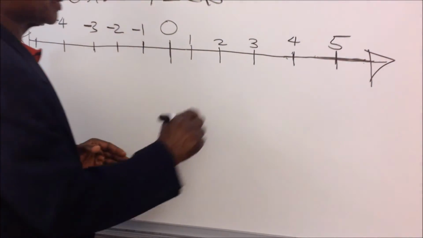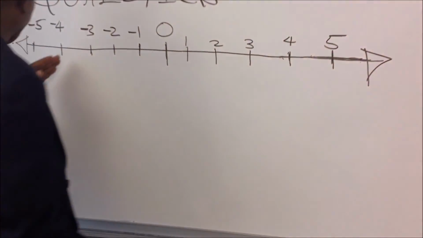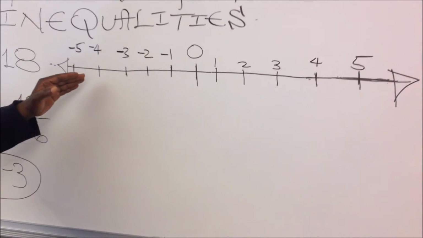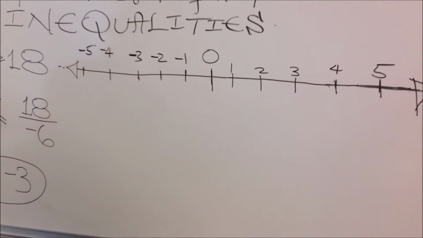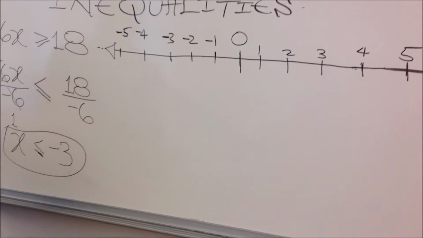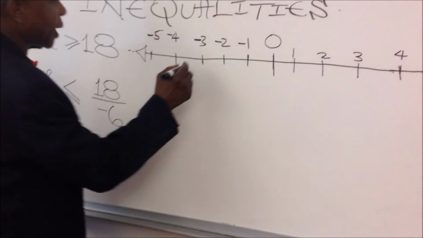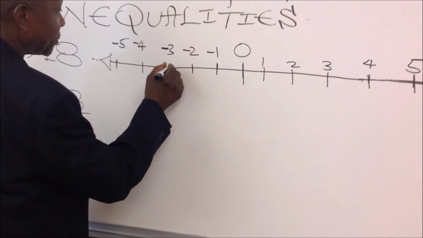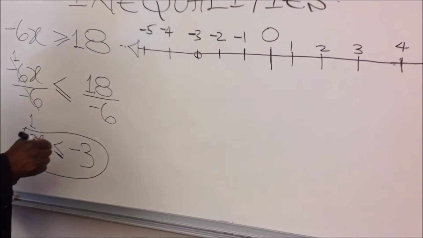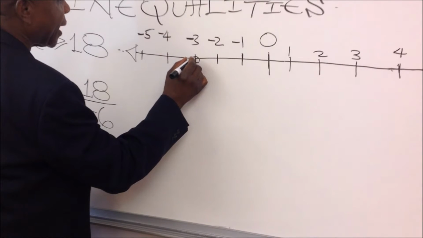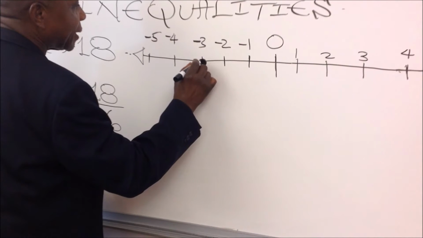So the numbers on the right get infinitely larger and larger, whereas the ones on the left side of 0 get what? Infinitely lower and lower. So let us now represent x is less or equal to -3 on the number line. We locate -3 here, and since it is less or equal to, -3 will be part of the solution, so we note that by darkening the circle here.